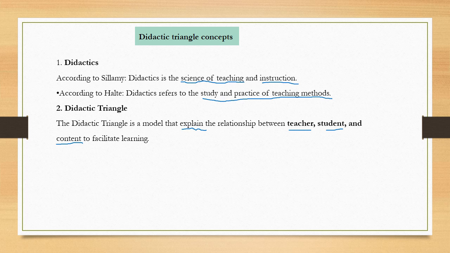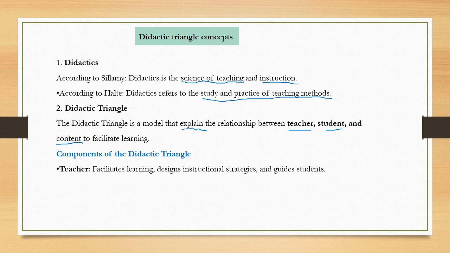Who learns? The student. Who teaches? The teacher. What to learn is the content. What to teach? The content. So here below are the components of the didactic triangle. We start with the teacher. The main function of the teacher is to facilitate learning, design instructional strategies which will be used to facilitate learning, and guide the students.